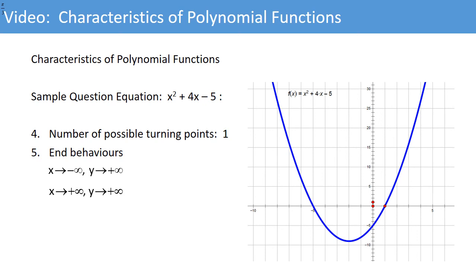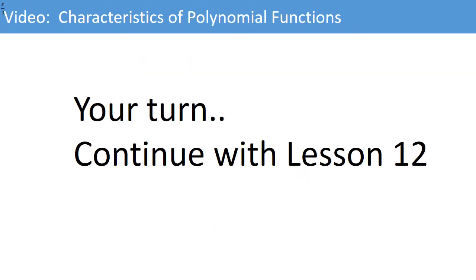As x approaches positive infinity, y also approaches positive infinity. The number of zeros, 2. We have 1 at x equal negative 5 and 1 at x equal 1. Now it's your turn to continue with lesson 12.